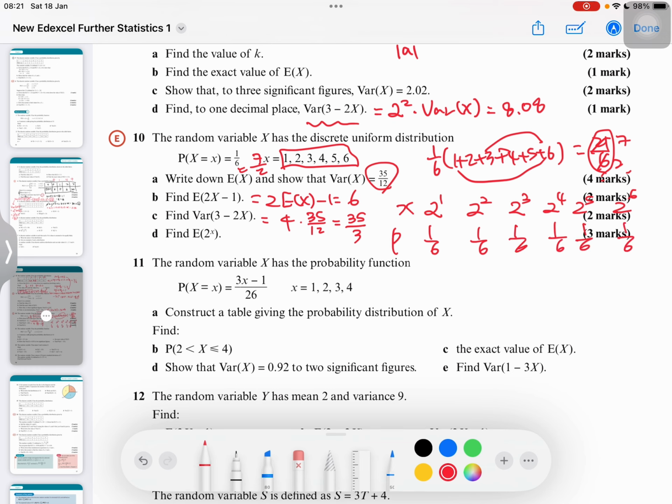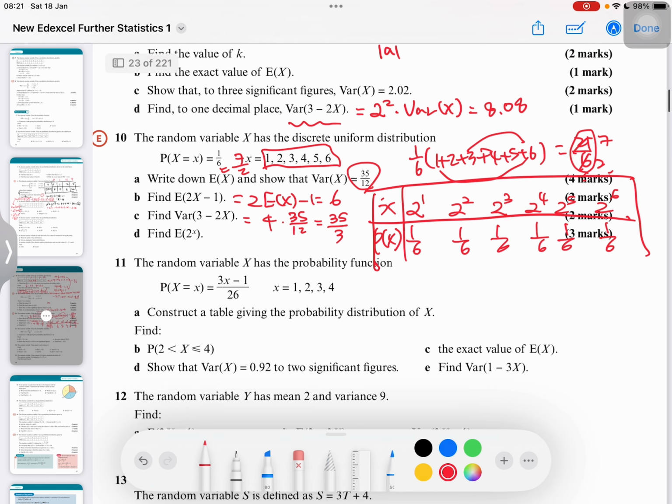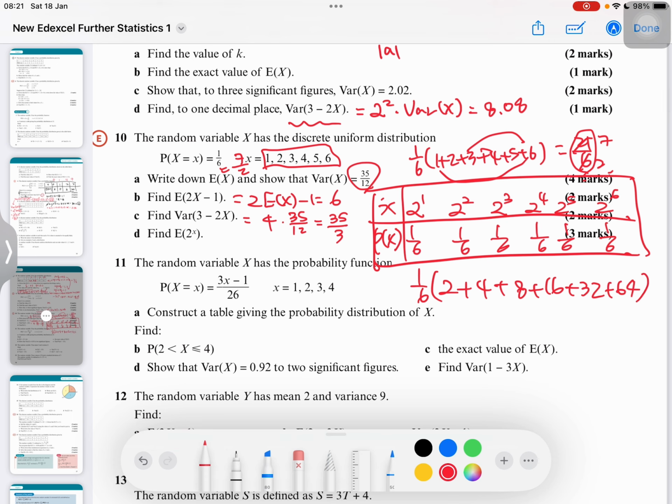This is x, this is p(x). Now we have a table like this. So 1 over 6 times 2, 4, 8, 16, 32, 64, which adds to 126, so 21.